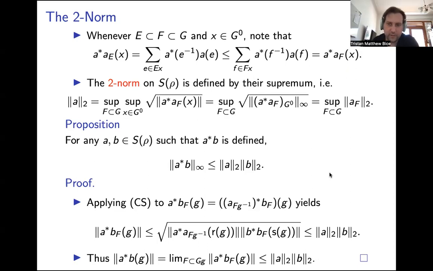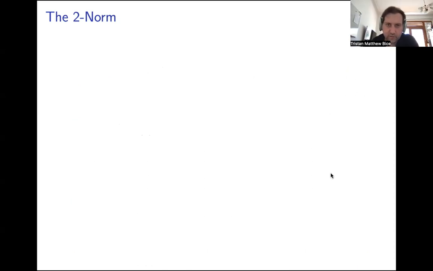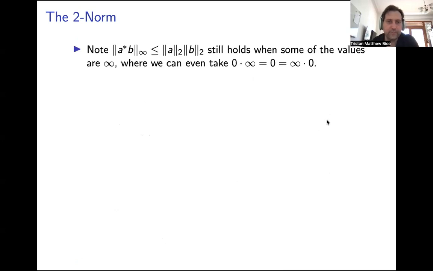So that's our first little norm inequality. We will meet several more in the next hour or so. Okay, and one thing I just want to point out, again to do with this infinite business, is that this inequality is meant to hold even when some of the terms are infinite.